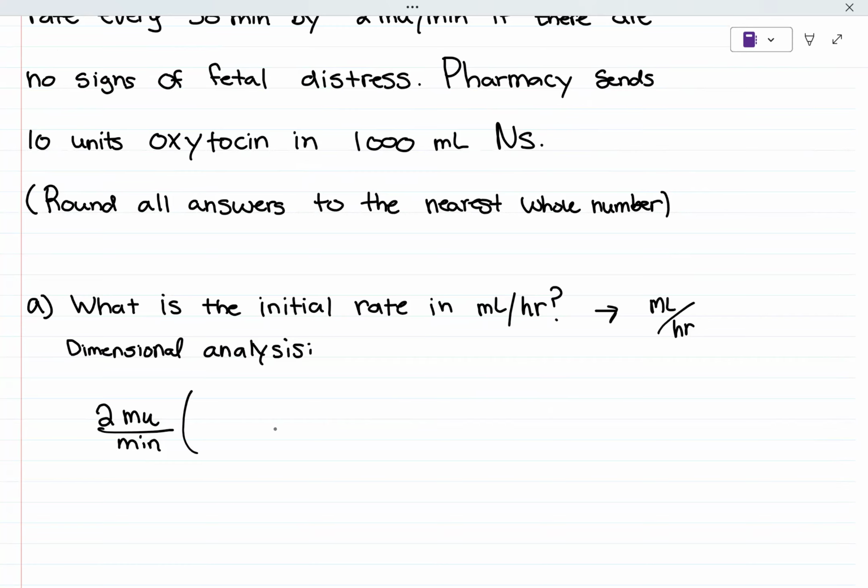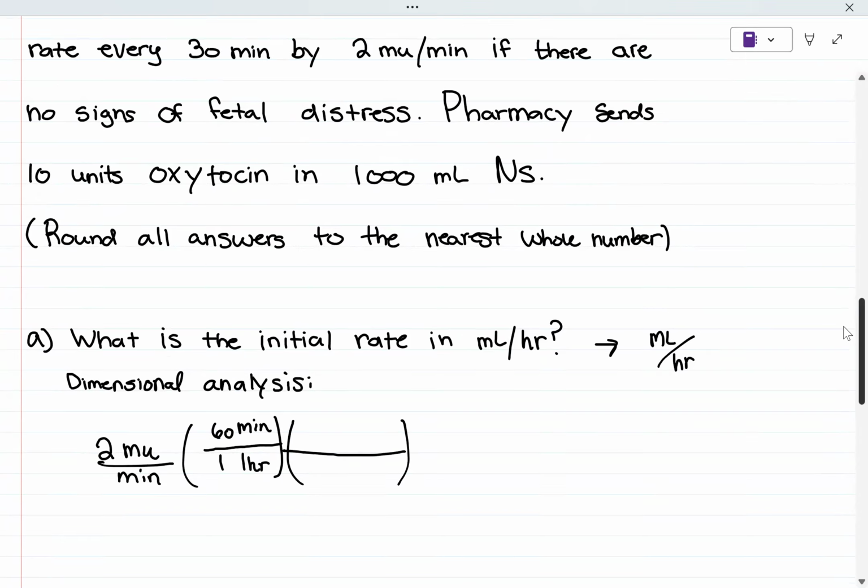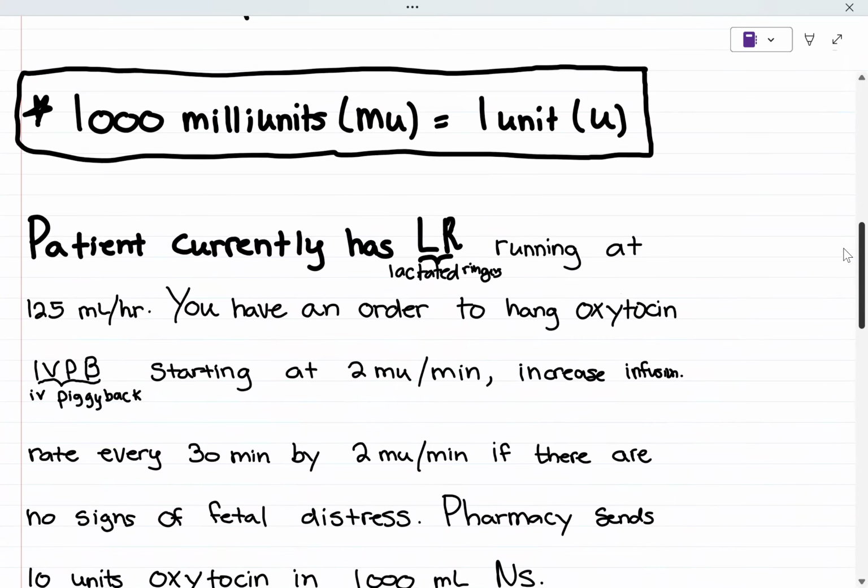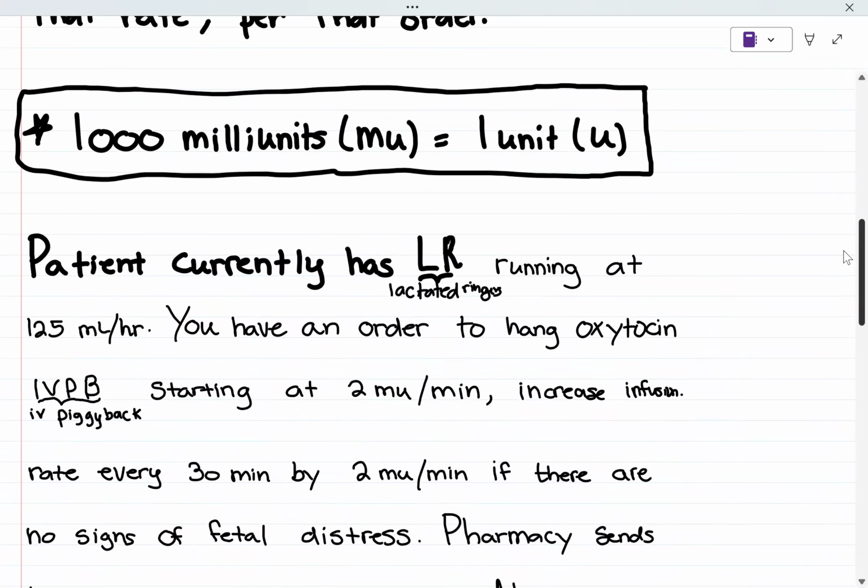Because we want milliliters per hour, I'm going to convert it to an hour. So I'm going to put hours on the bottom and minutes on the top. We know that 1 hour is 60 minutes. Then remember that 1,000 milliunits, MU, is 1 unit.